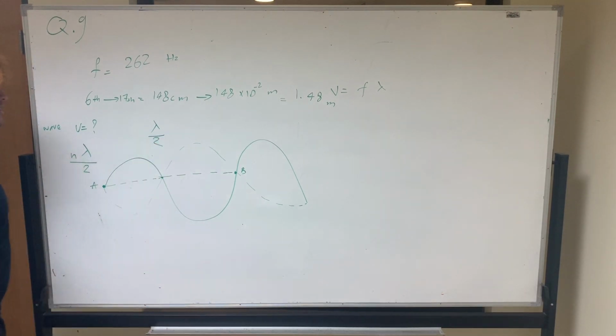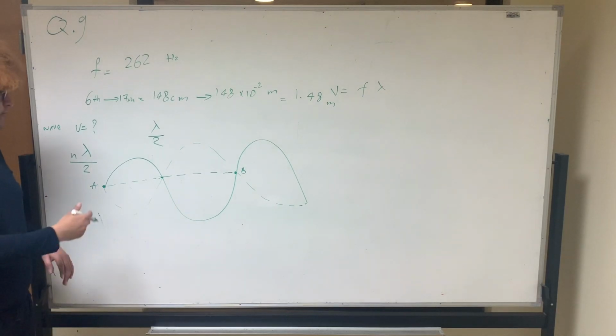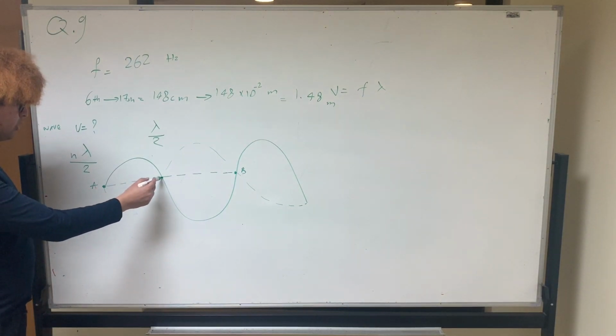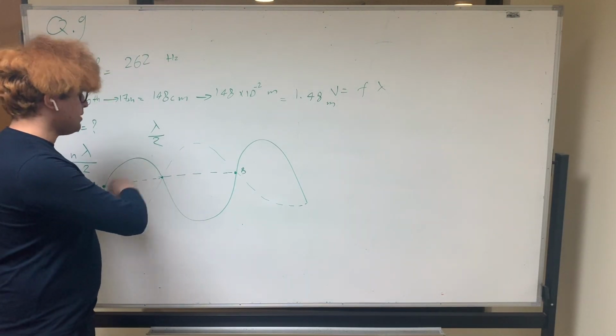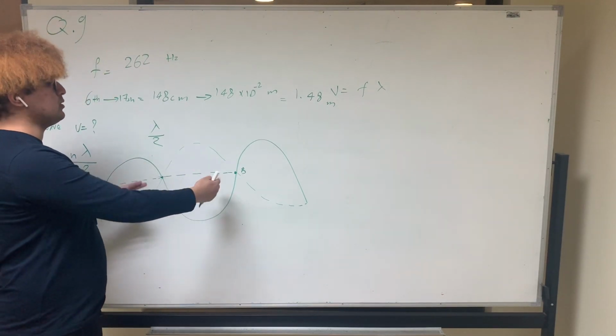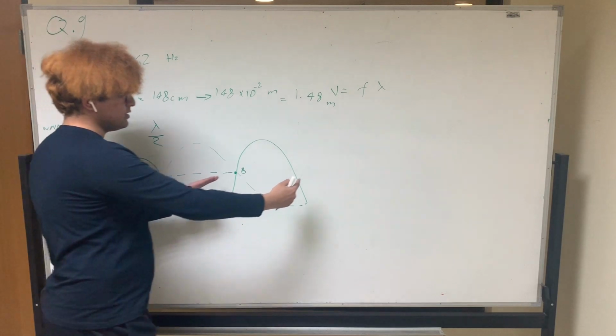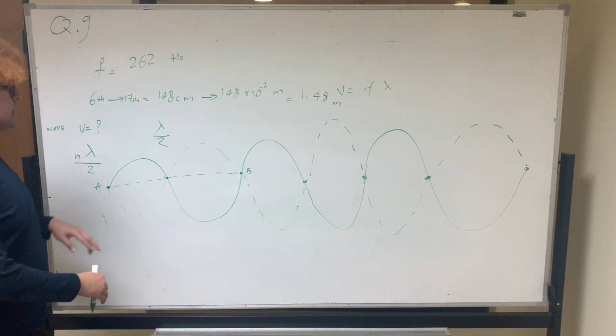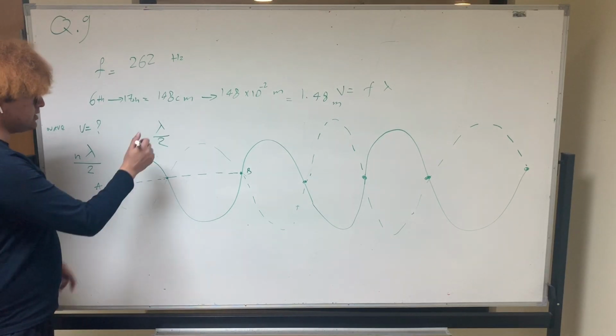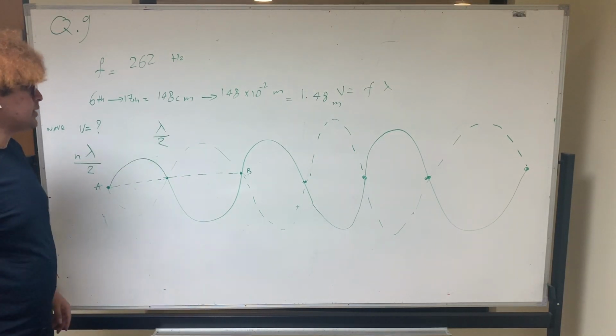So from this graph and this understanding of standing waves, the distance between two nodes is equal to lambda over 2. And this applies to any two nodes on the wave.